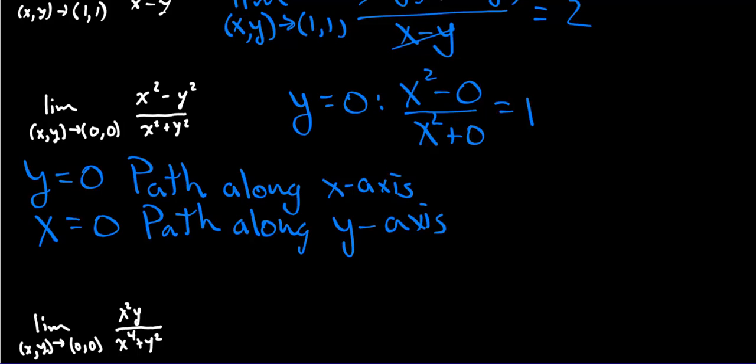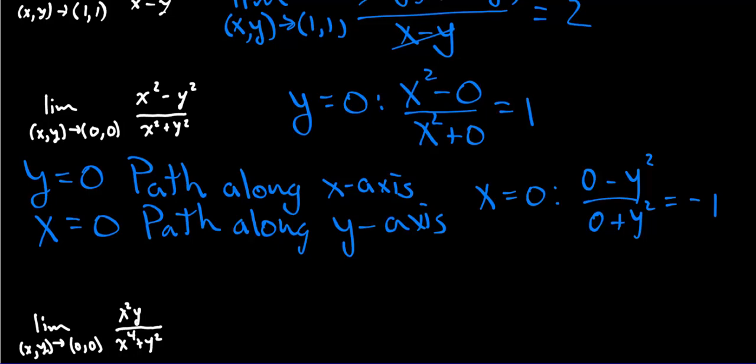Well, x is 0 now, right? 0 minus y squared over 0 plus y squared, and that's negative 1. Different. If my path is along the y-axis, I'm going to get negative 1. If it's along the x-axis, I get 1.